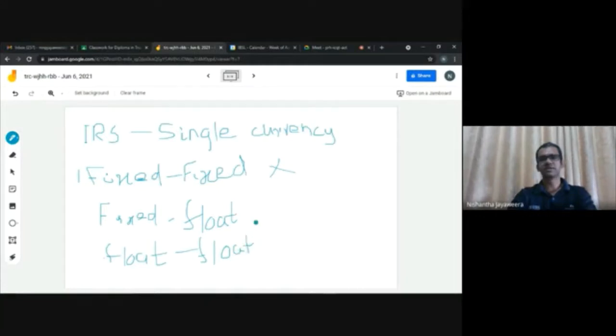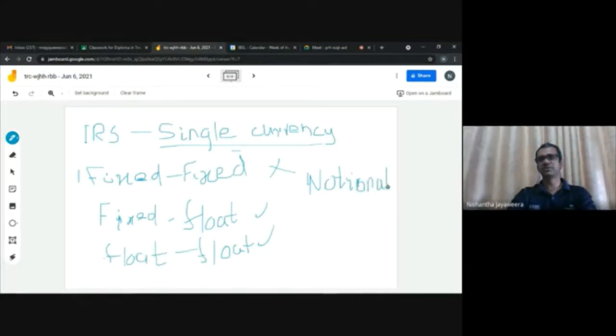So when deciding interest rates, these two payments are possible. One party pays a fixed interest rate, the other party pays a floating interest rate, or both parties agree to pay a floating interest rate in the same currency. Again, the concept of notional is there. So parties agree on a notional amount. One party agrees to pay a fixed rate, the other party agrees to pay a floating rate.